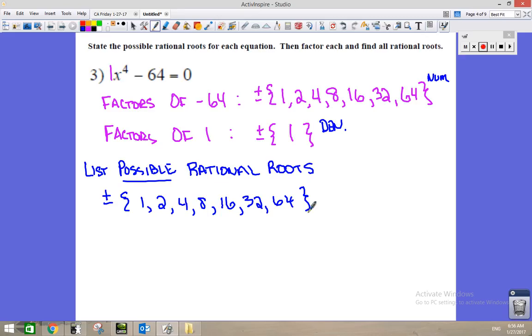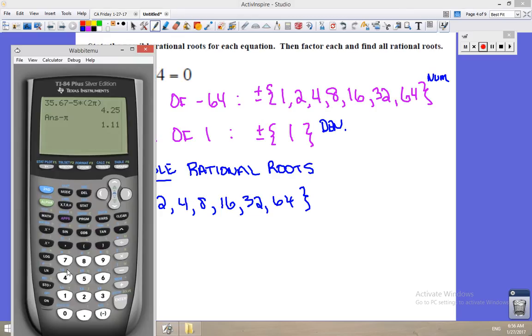It's easier to just plug these numbers into this equation and see if it equals 0. 1 doesn't work. 2 to the 4th power is 16, and 16 minus 64 is not 0. 4 to the 4th power, no, because 4 to the 3rd power is 64, but 4 to the 4th power is like 256 maybe? Yeah, see, it's too big.